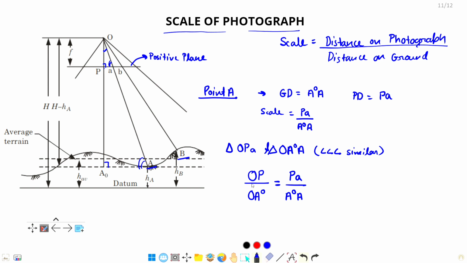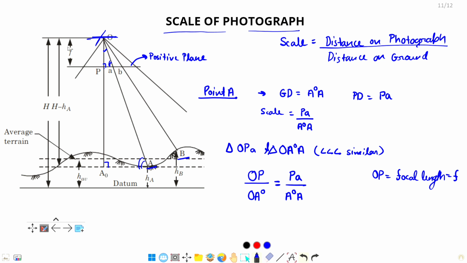So let's calculate OP and OA not A, and we will calculate the scale. Here OP is what? We know that the photograph is captured at a distance of focal length from the center. So this is the focal length F, and OP is equal to focal length F. What is OA not A? For that, we have to see the height of the flight.